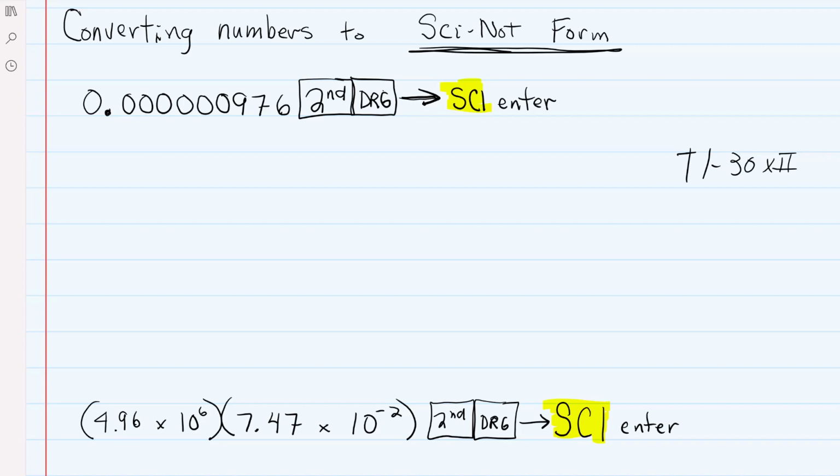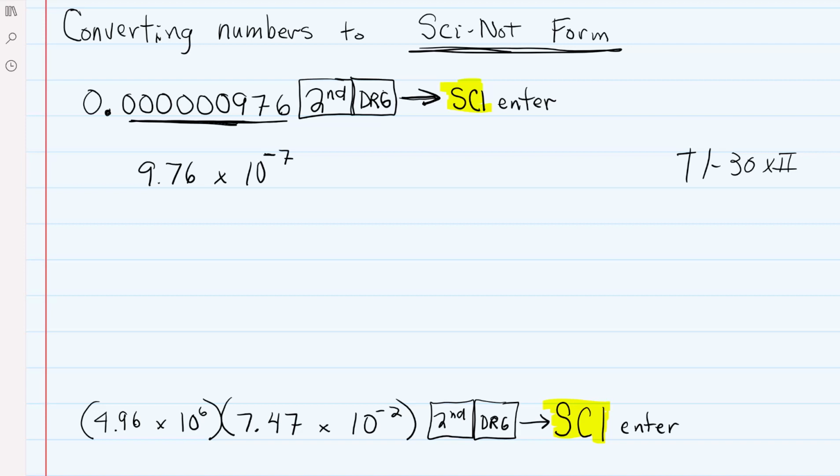Second button, DRG, arrow over to scientific notation, enter. And you end up with 9.76 times 10 to the, and what type of exponent? See how this is a fractional number? The exponent will be negative.